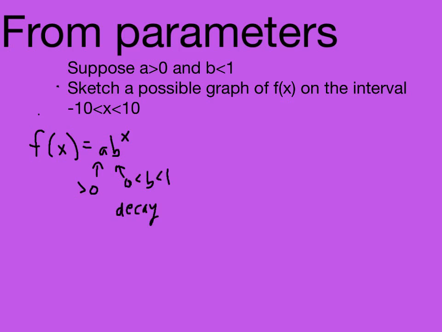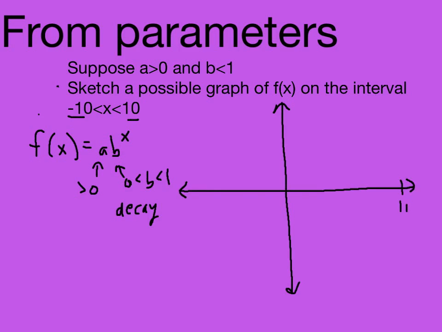From here, you're free to pretty much do whatever you want. The other thing we're told is that our interval is from -10 to +10. So the first thing I'm going to do is go ahead and create my grid. And I might think about the fact that 10 is out here and -10 is back here. So that takes care of the interval piece.